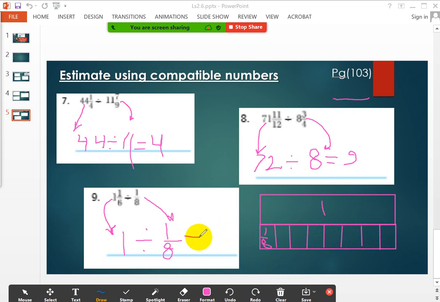So the answer will be the number of parts. Very good, Selma. Thank you so much. Okay, girls, if you finish writing on this page, can you type 1 in the chat just one time? Okay, thank you so much.